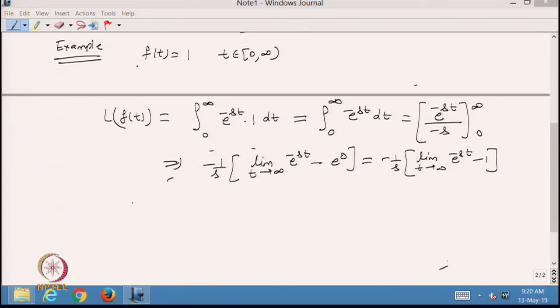Now I take s less than 0. In that case I am choosing s to be negative.